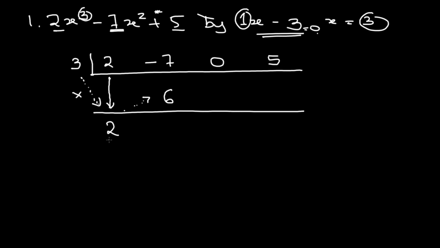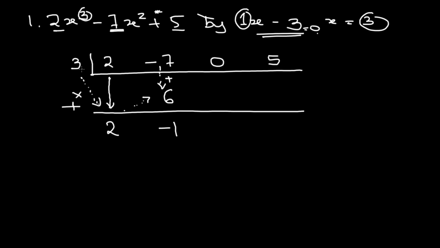They both are positive, so we're going to keep that positive. The next is we're going to add everything here, downwards, this and that. So this is going to be minus 1.